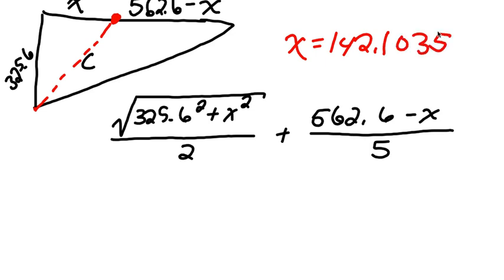Okay, so we could plug that in for the x values. I'm not going to finish that part out. You guys can finish that. Plug that number in there for your x values, and you will get the minimum time.